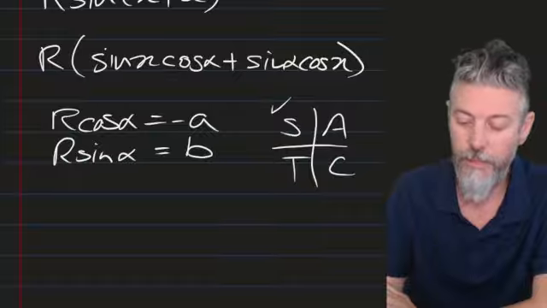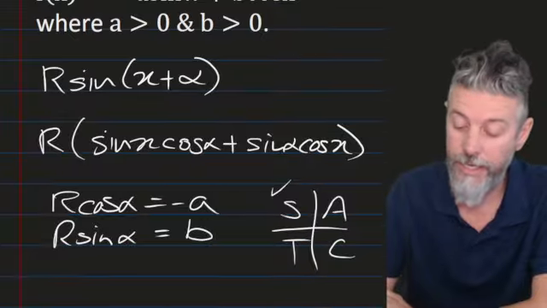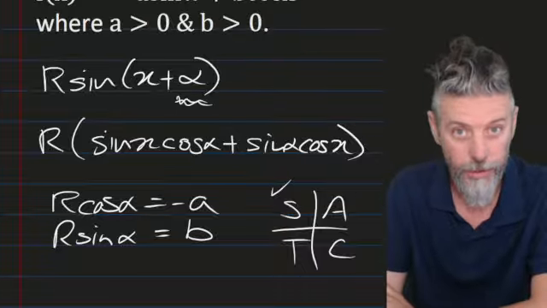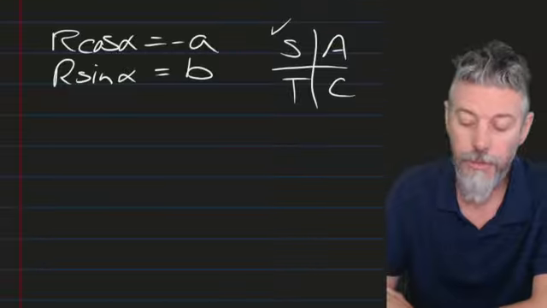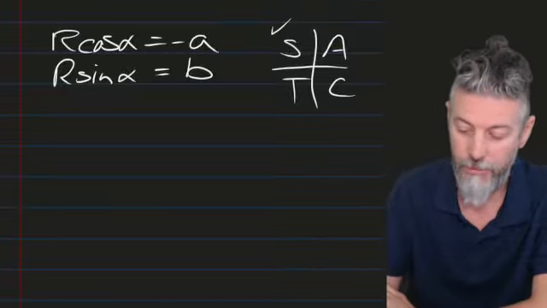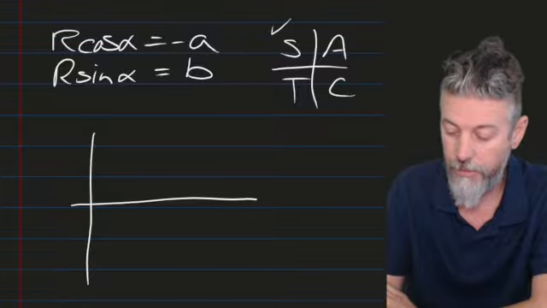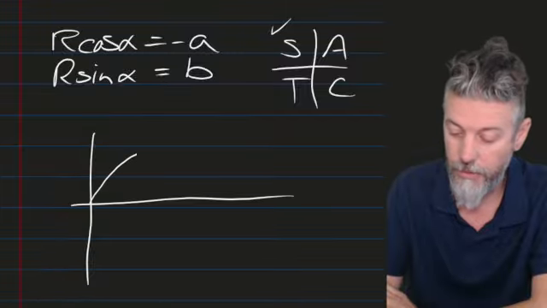So when we're considering what this r sine (x plus alpha) is, it's this alpha bit that's important here. So if I was just to go and graph any random sine function, r sine x, let's say. So let's just graph r sine x. So r sine x looks like this.